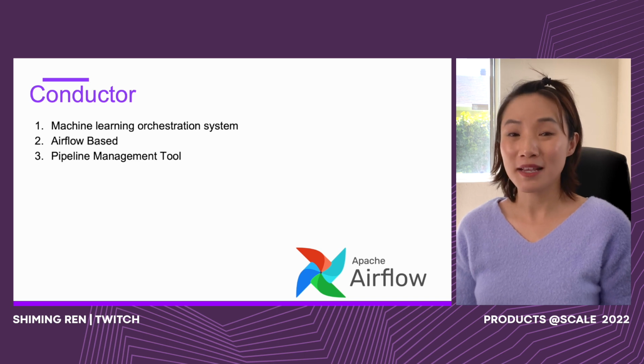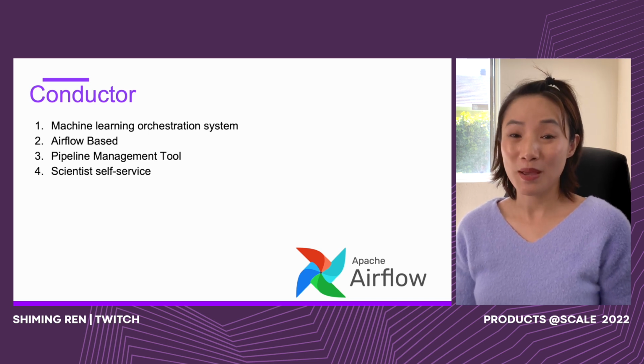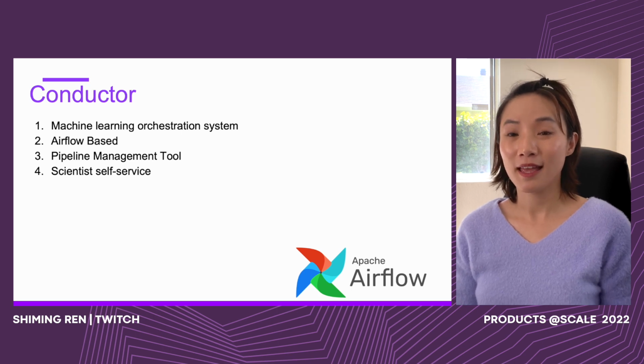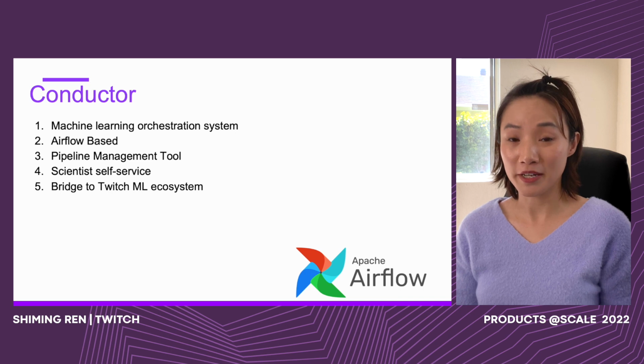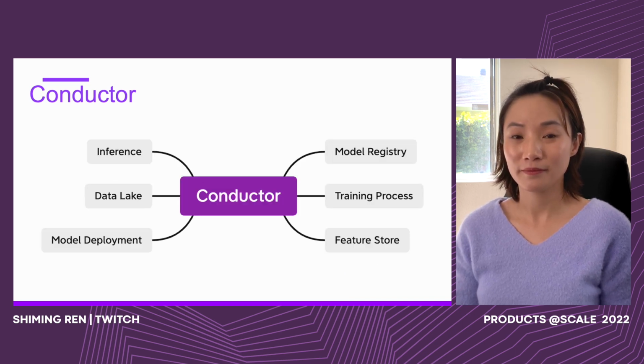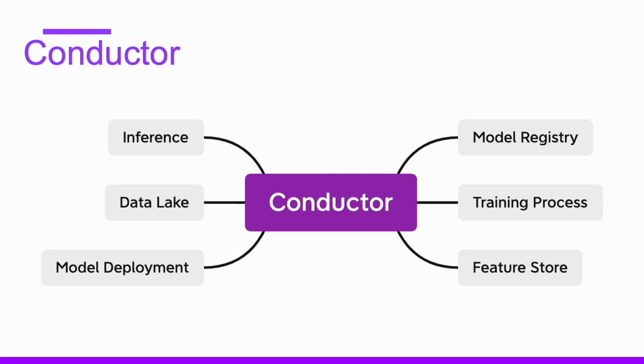It also aims to make scientists' experience smoother by providing many pre-built components. And last but not least, it's now becoming the bridge in the Twitch machine learning ecosystem. We're trying to make it the centerpiece of the Twitch ecosystem by connecting model registry, feature store, data lake, model deployer, and all the other key components together.